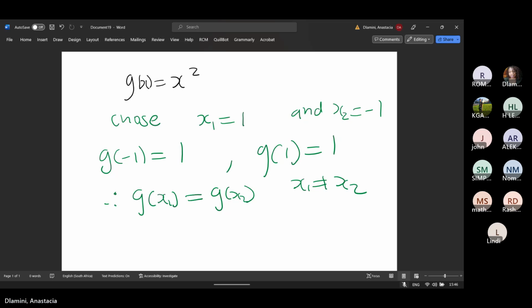Two input values, negative 1 and 1. Two inputs are mapped to one output value. Yes, but two inputs that are what? Can be negative 1 and 1 or negative 2 and 2. Two different inputs. There you go.